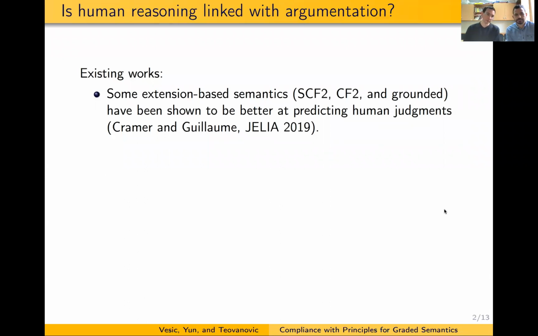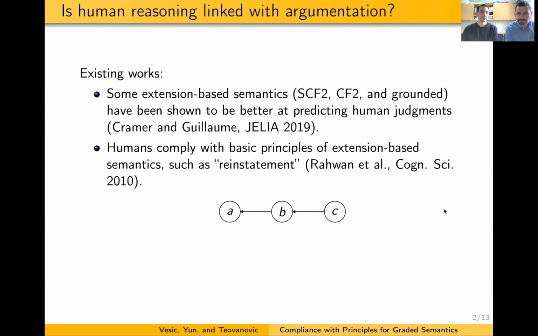So we know that Kramer and Guillaume show that some of the semantics for the extension-based case are better predictors of human judgments. Another remarkable work is that of Rahwan and colleagues, where they studied the notion of reinstatement.